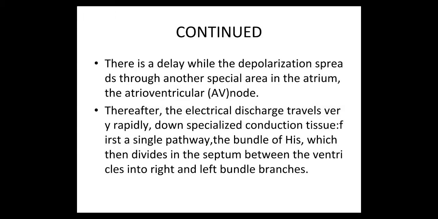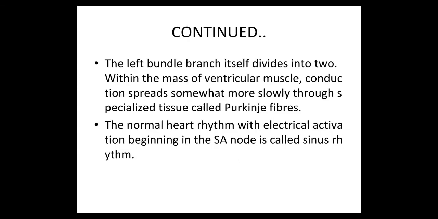First, a single pathway, the bundle of His, which then divides in the septum between the ventricles into right and left bundle branches. The left bundle branch itself divides into 2. Within the mass of the ventricular muscle, conduction spreads somewhat more slowly through specialized tissue called Purkinje fibers.